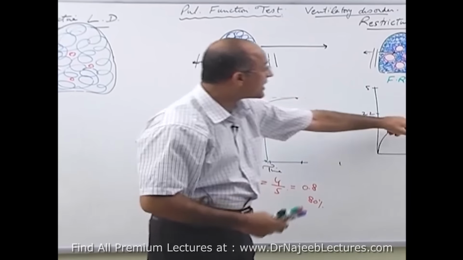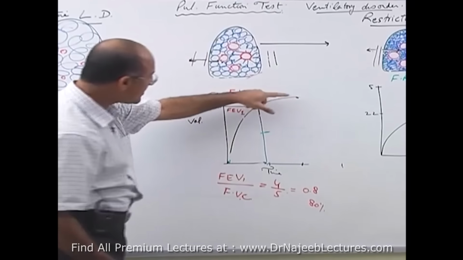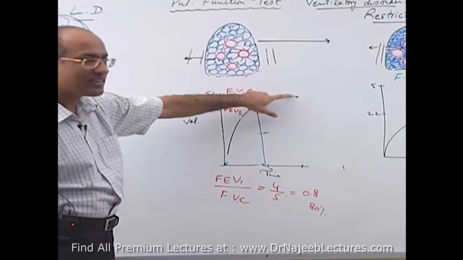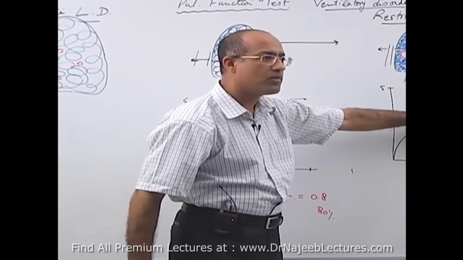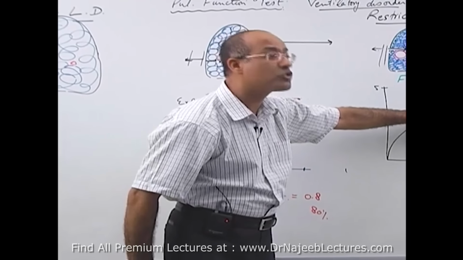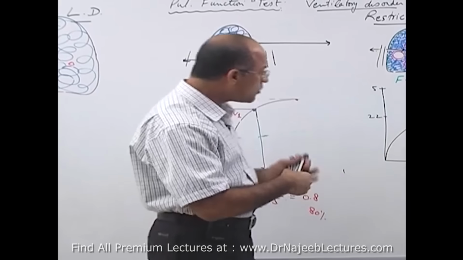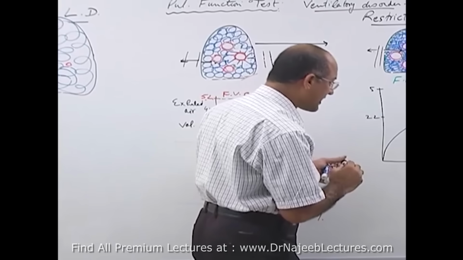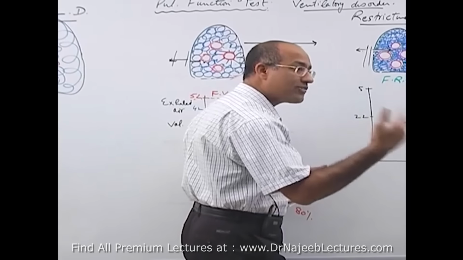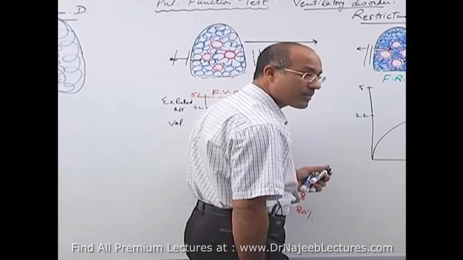So vital capacity here has been reduced. Here it was up to 5 liter in normal. Here the maximum forced vital capacity is 2 liter. Is that right? Now we have to see during the first second how much fraction of the 2 liter came out. Is that right?